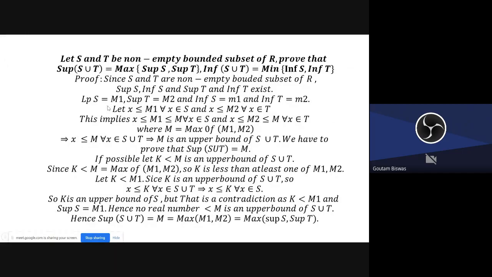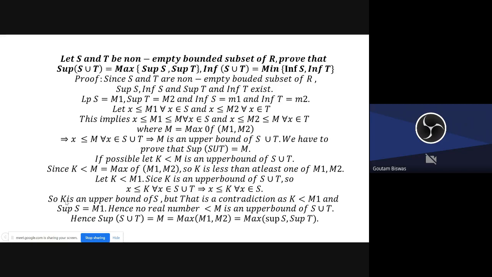So S union T, and here slight confusion may arise, but you think over it. There is some spelling mistake, I will correct it and send it to you. Okay, so it's very easy.